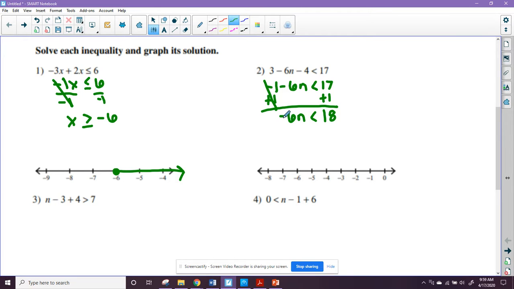And then we have negative 6n. This here is multiplication. We have to do the opposite, so divide by negative 6. Cancels out. So n, we divide by a negative, so our sign flips. So 18 divided by negative 6 is negative 3. So let's put a little note.